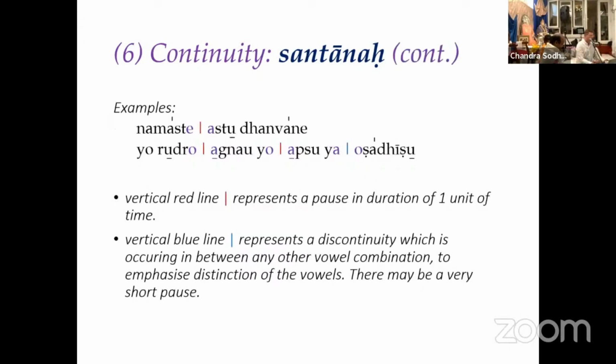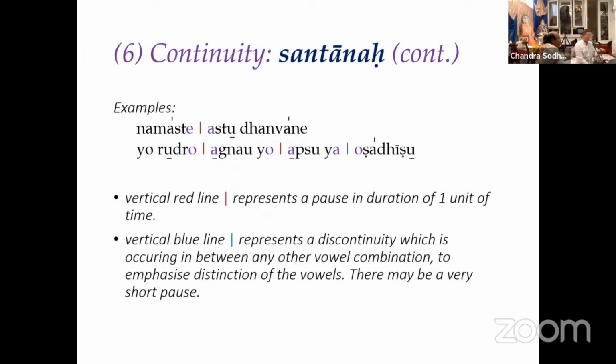For example, in namaste, this te is dirgham, even though there is no mark because it is a compound vowel. But then it is followed by a short vowel, a. Whenever we have this situation, we need to pause.